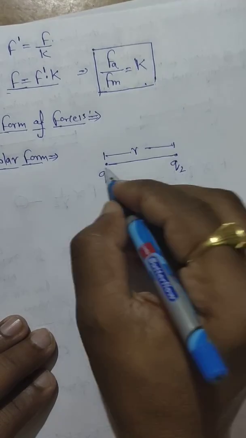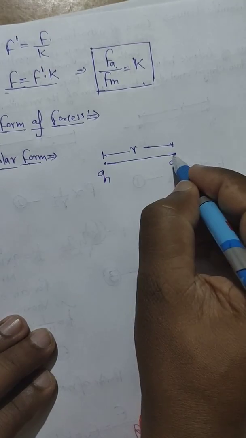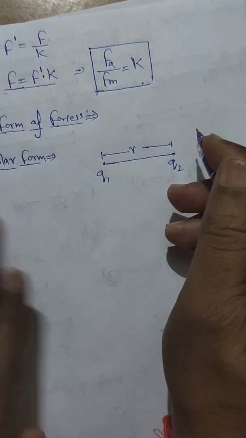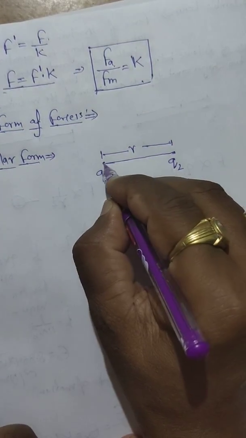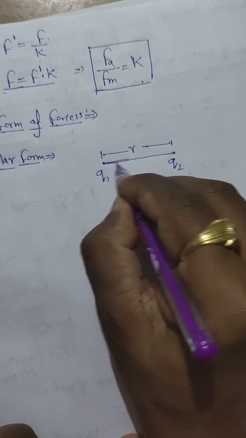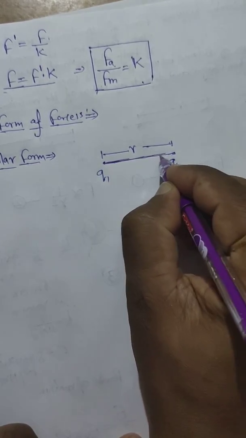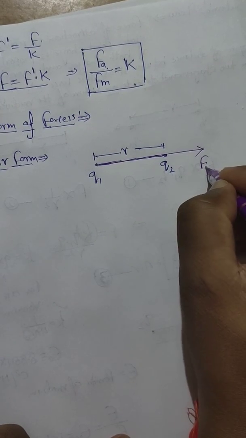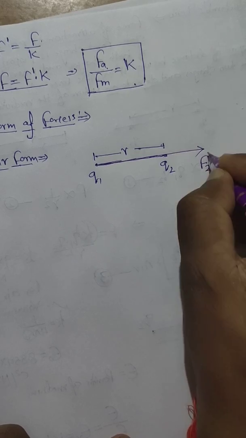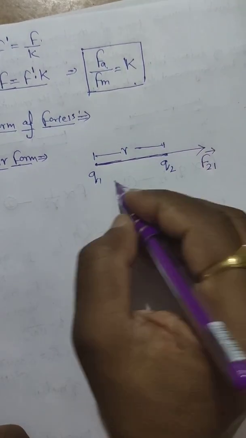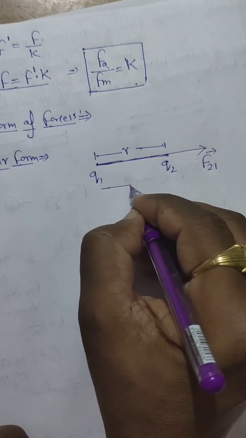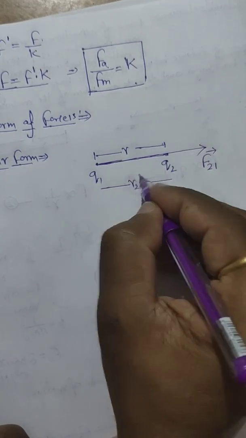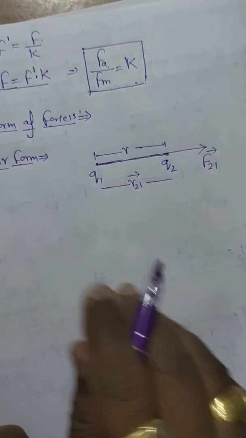In the form of vector, suppose we take the force applied on charge 2 by charge 1; this force is known as force on 2 by 1, and the distance is taken from 2 to 1.